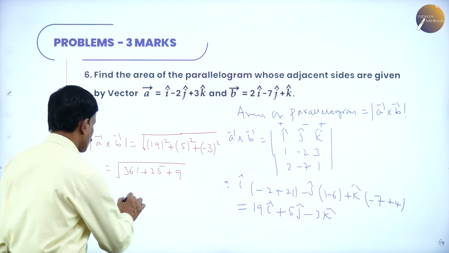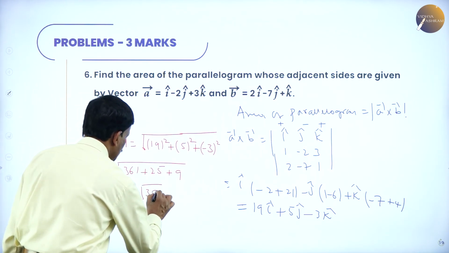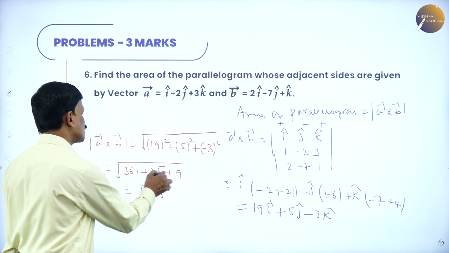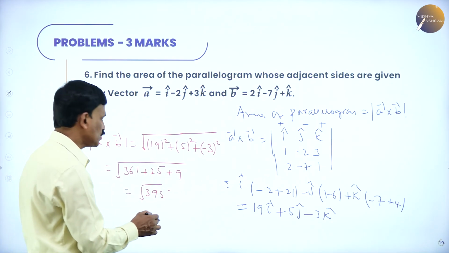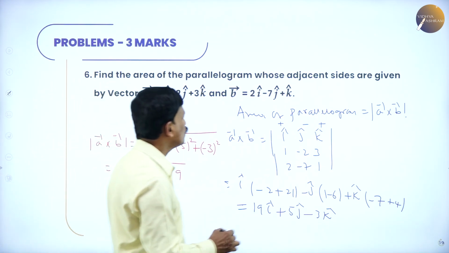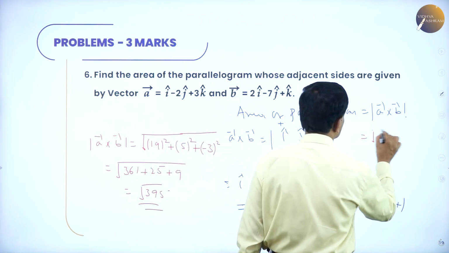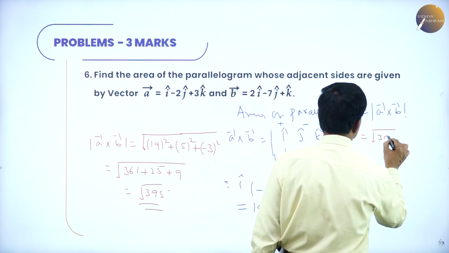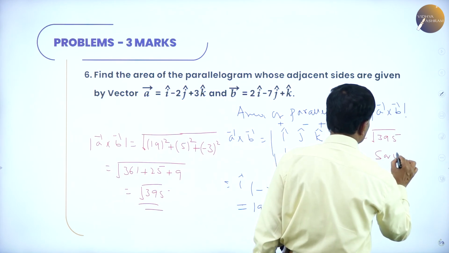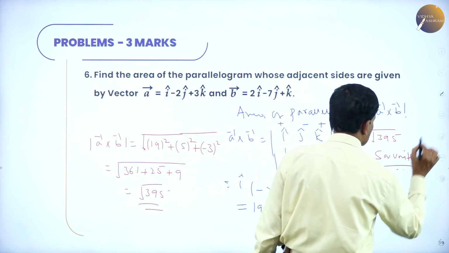If you add, you are going to get 395. 361 plus 9 is 370, 80, 90, 395. So therefore the area of the parallelogram is equal to root of 395 square units. That's it.